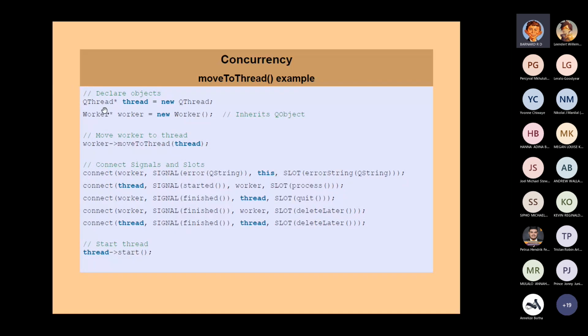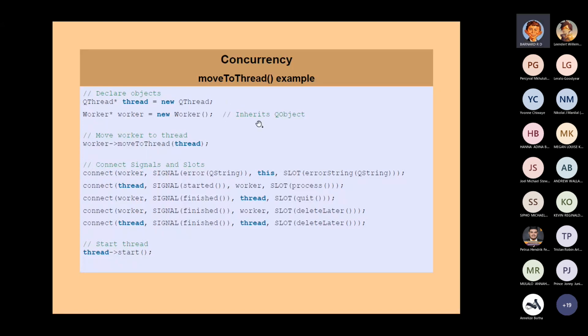Right, the first thing you do is declare your thread and instantiate an object of it. You then declare what's known as a worker. That's the object that's going to get moved to the thread. And just remember in Qt, your worker must inherit QObject. You can't move something to a thread if it's not a QObject.